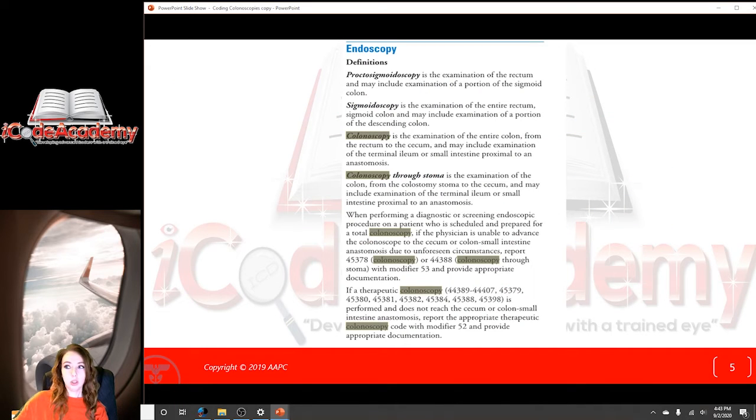All right, let's look at some definitions within our CPT book. If you're using the 2020 AMA CPT coding manual, this is going to be on page 334. So here you can see the definitions for sigmoidoscopy, colonoscopy, as well as some details regarding a colonoscopy done through a stoma, and therapeutic colonoscopy.